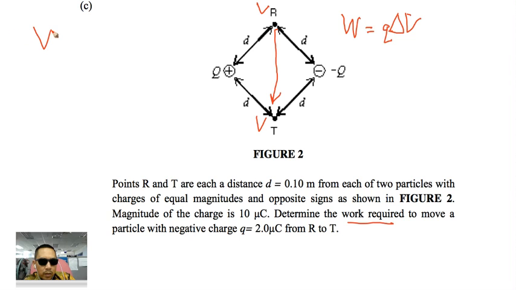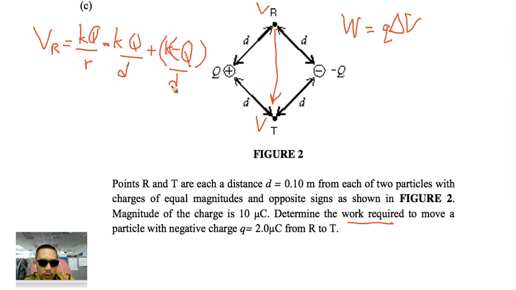The potential is V equals K Q over R. At point R, the potential comes from the positive Q and the negative Q. So it is K positive Q over the distance D, plus the potential at point R because of the negative Q, which is K negative Q over D.